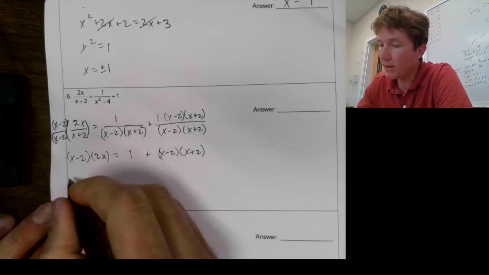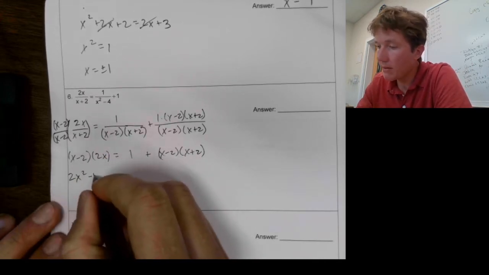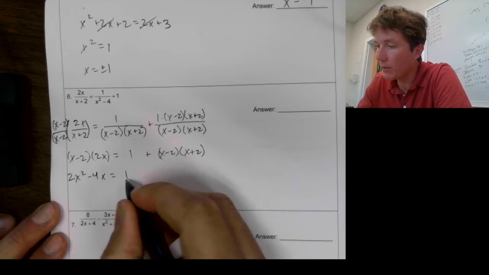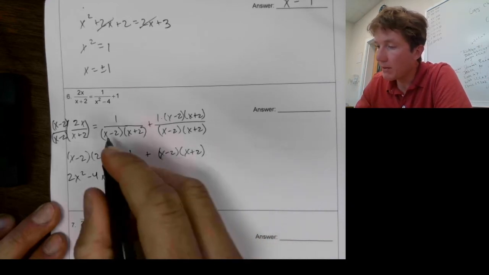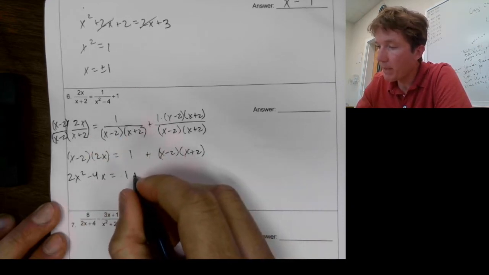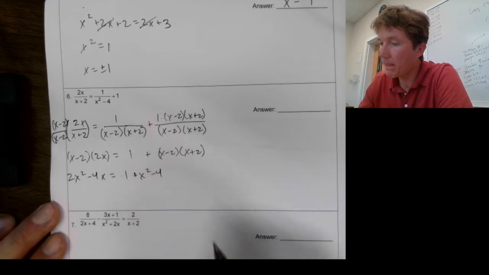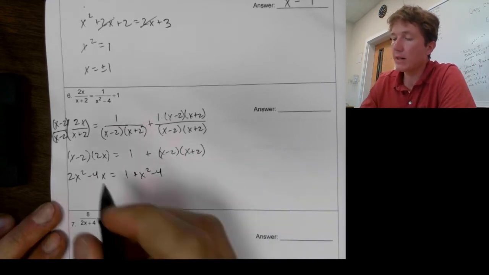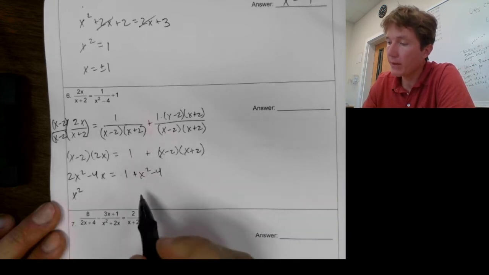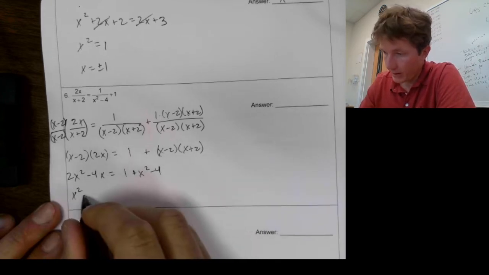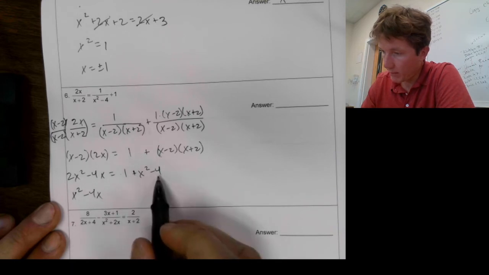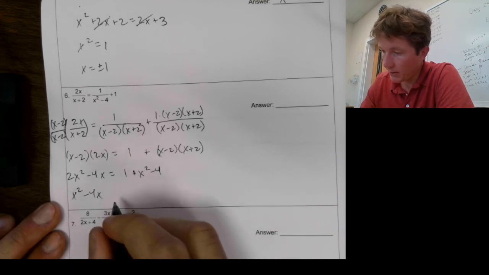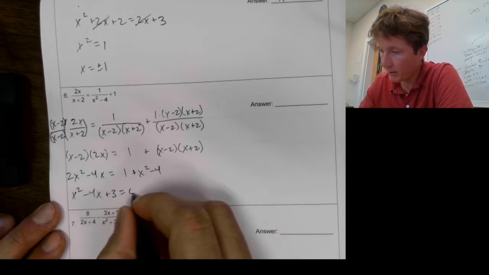Distribute, this will be 2x squared minus 4x equals 1 plus this is the x squared minus 4. And then let's set everything equal to 0. It's a nice quadratic, so this will be x squared minus 4x. This is 1 minus 4, that's negative 3, plus, so that would be plus 3 equals 0.